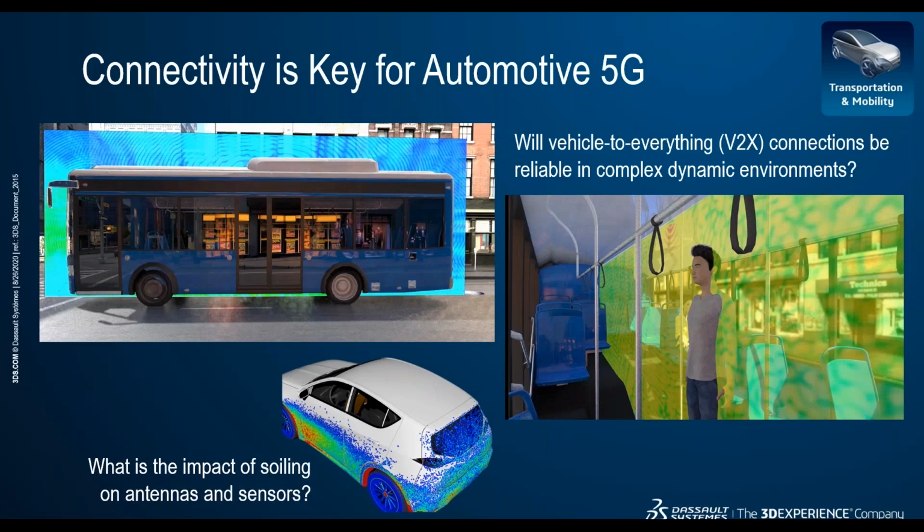When you look at vehicles, everything is starting to be connected, and it's becoming interesting because connecting used to be very simple, as you put an antenna on the outside and things would work. But nowadays, the way the antennas are working, people want to be inside these objects that want to communicate also, so it's really a complex and dynamic environment you're working in. And really what we're looking at is what will degrade or soil the antennas and sensors that you put in the systems.